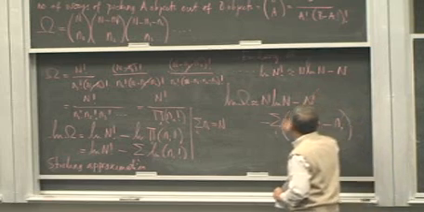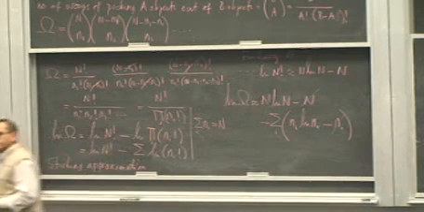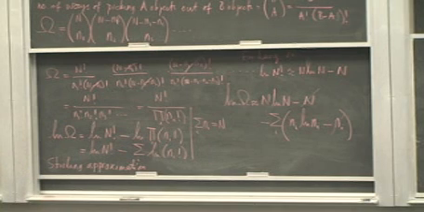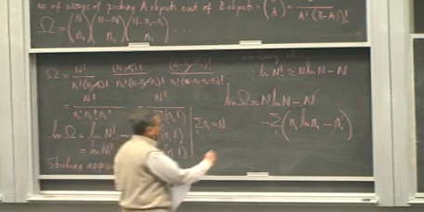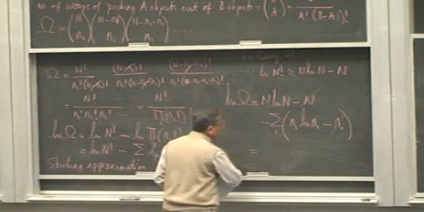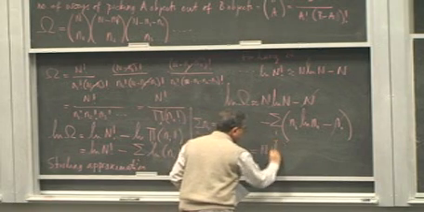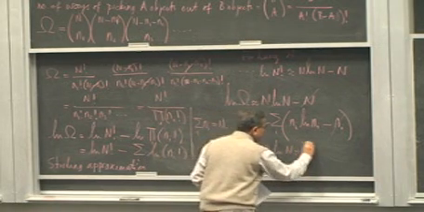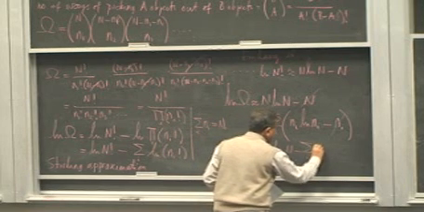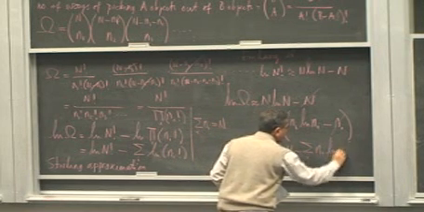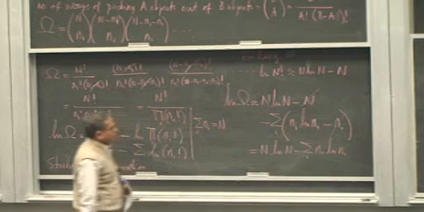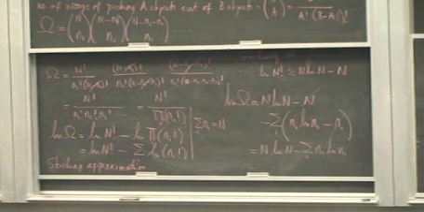So these two terms will cancel out, and because they cancel out, we are left with N log N minus summation over i Ni log Ni. All right?